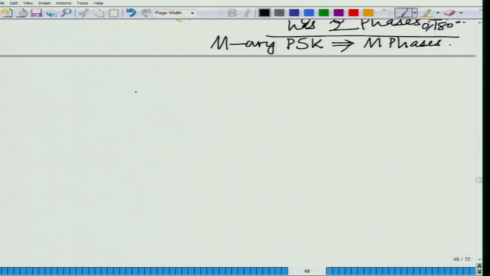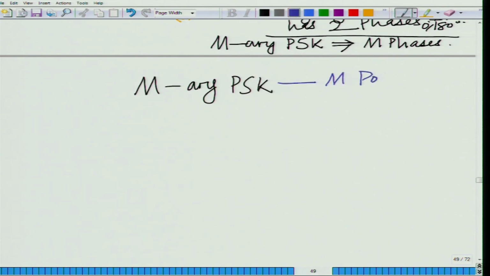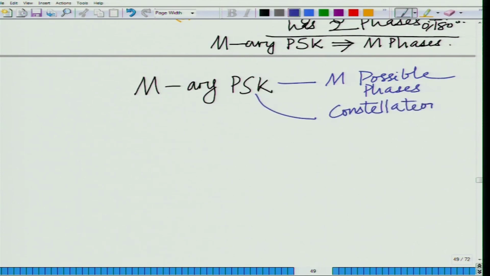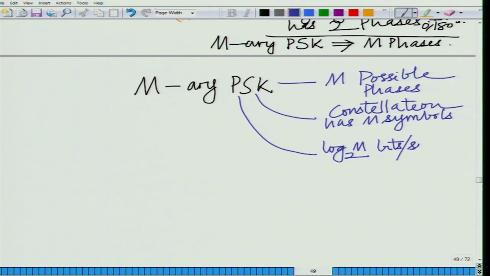So, there are M possible phases. In M-ary PSK, M possible symbols implies the constellation has M symbols, which implies we have log M to the base 2 bits per symbol.